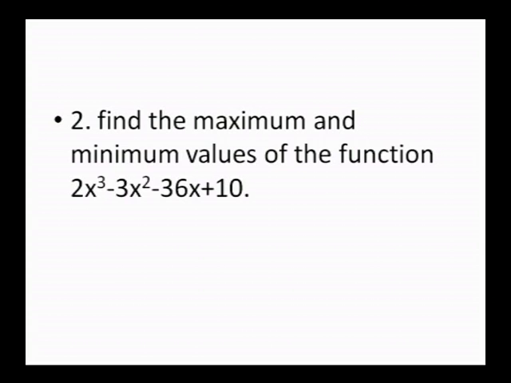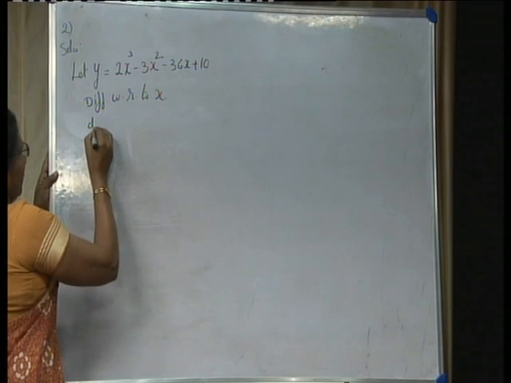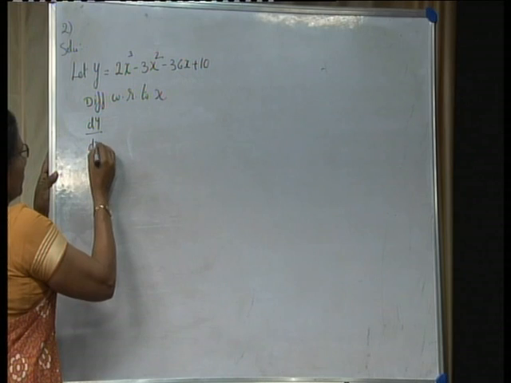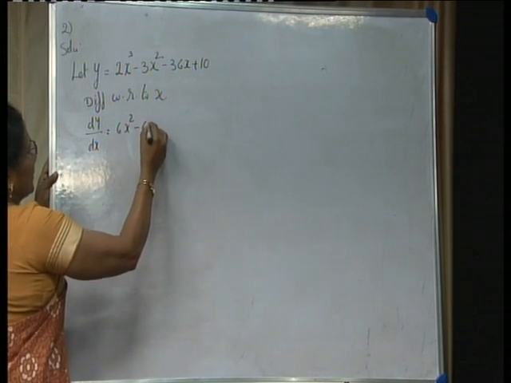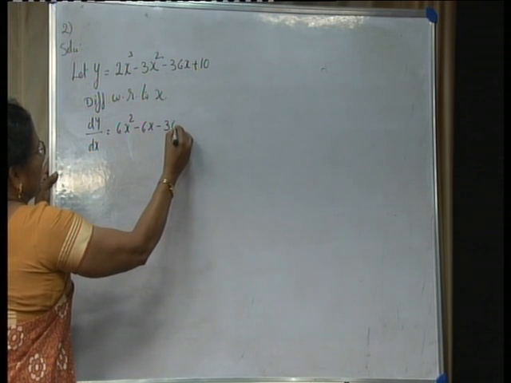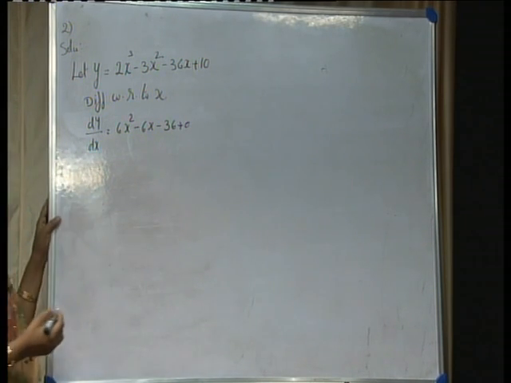find the values of x. Differentiate with respect to x, dy by dx is 6x squared minus 6x minus 36 plus 0.